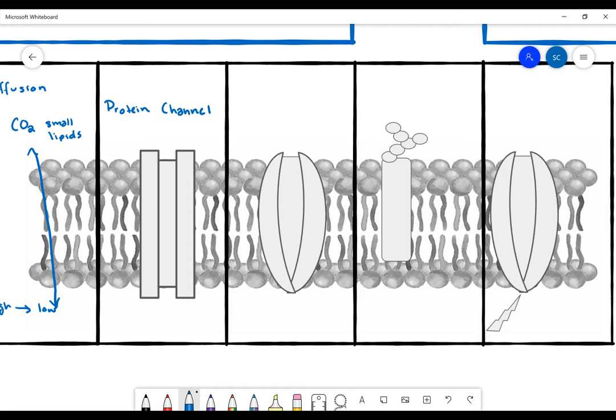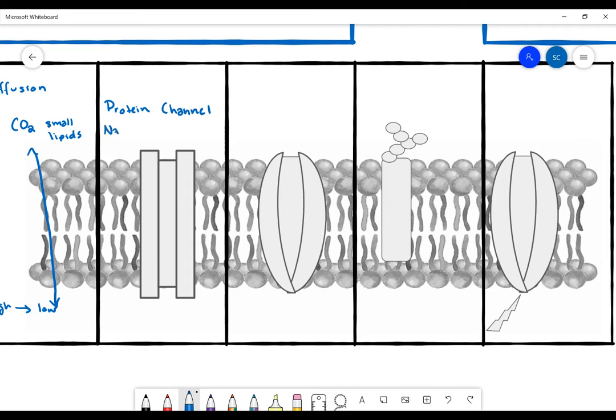So the molecules that we talked about that can go through this protein channel were your ions. So I'm writing the ions down here for the protein channel, but anytime later that I talk about ions, it's the same group of ions that can go in and out of the other proteins. But I don't want to write them out every single time. So when you see ions later on, it just means the same grouping of 4 ions.